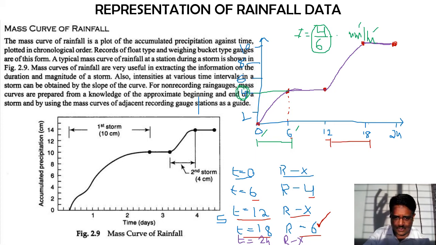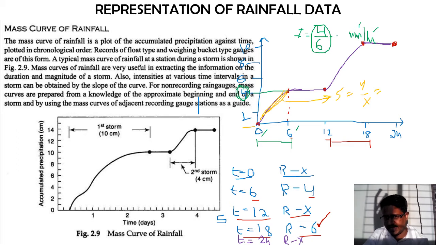Here basically you can have a slope. If you take the slope of this particular line, the line which is over here, what does this slope mean? Slope is equal to y by x, y ordinate by x. So what is your y ordinate here?